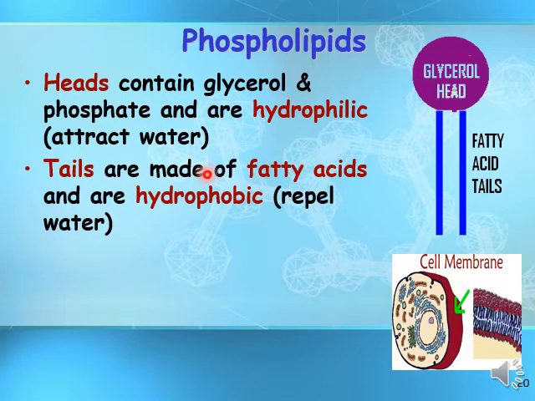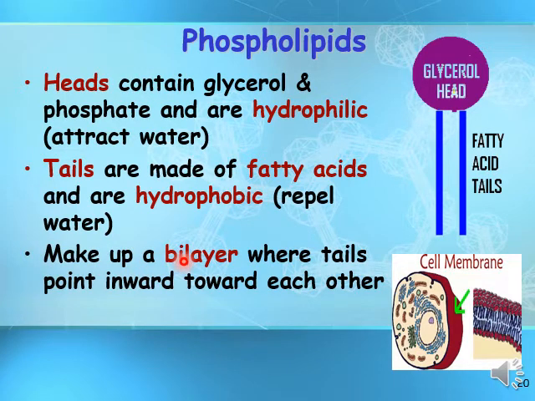Tails are made of fatty acids and are hydrophobic. They repel water. Fatty acids are non-polar. Water is polar. Non-polar and polar are repelled. They make up a bilayer where tails point inward toward each other.